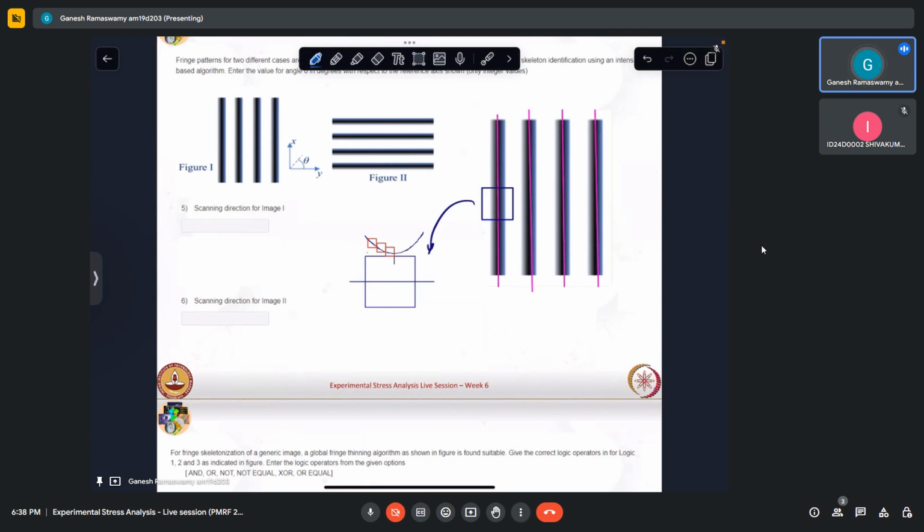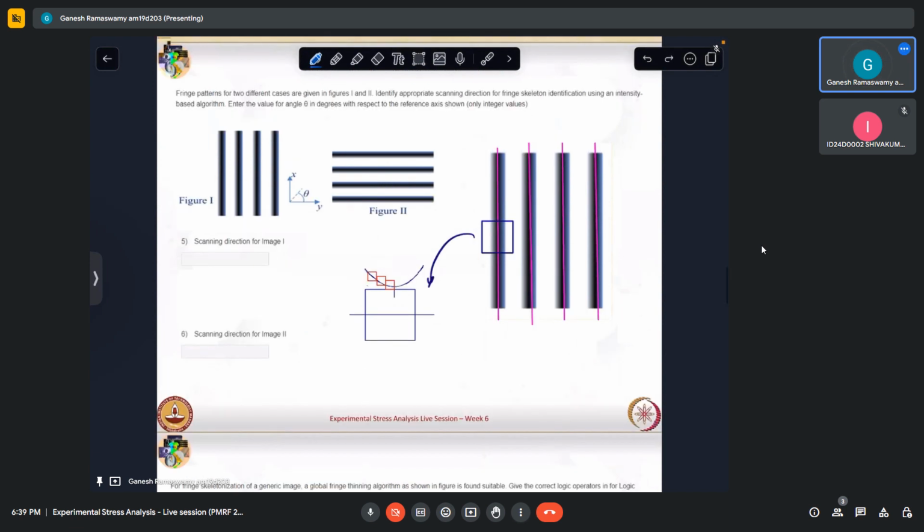But this is rather simply said than done, because here we are having an ideal problem where our fringes are absolutely vertical or absolutely horizontal, but this only comes about in very special cases or special problems. This is not always the case. Basically we will be having complex fringe features, so there we will be looking at how to go about solving that.